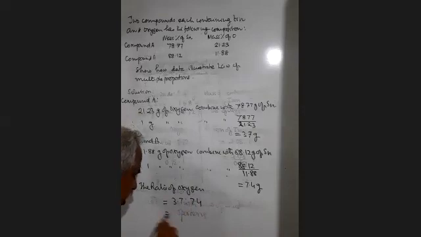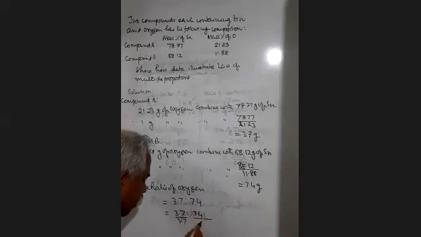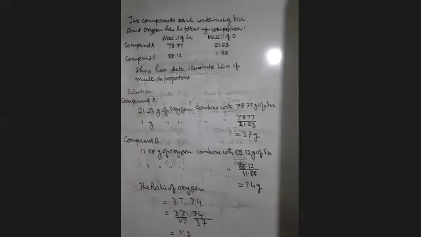If I divide 3.7 by 3.7 and 7.4 by 3.7, it comes to 1:2. See, it is a whole number ratio. So lastly you write, thus it follows the law of multiple proportions.